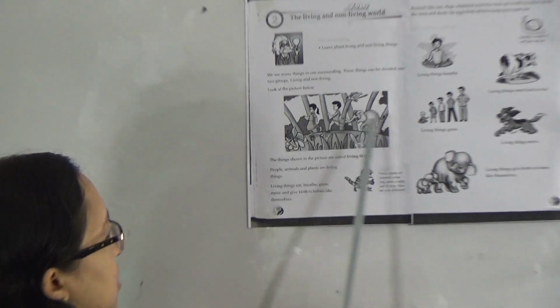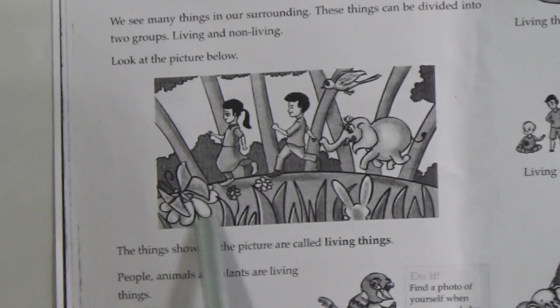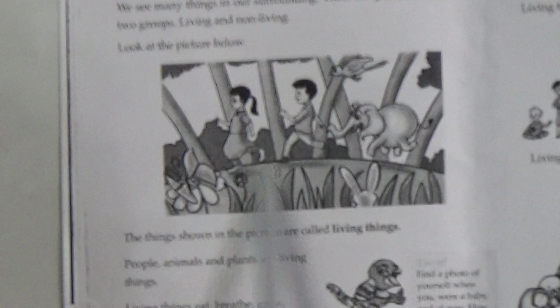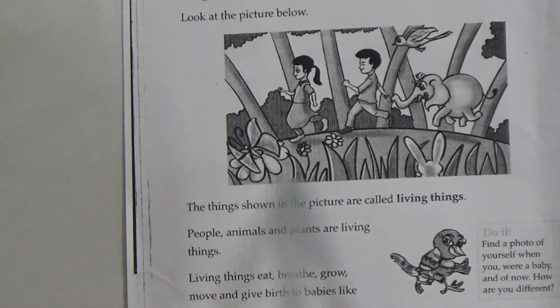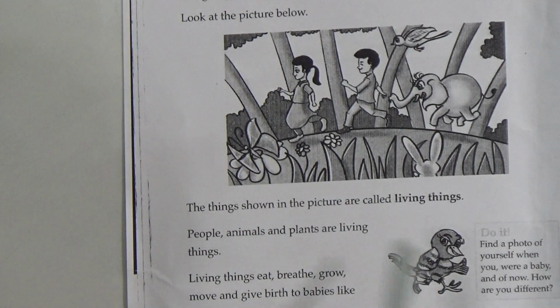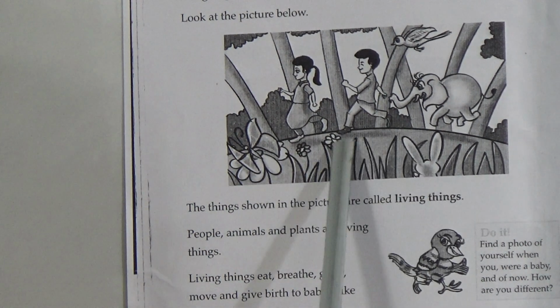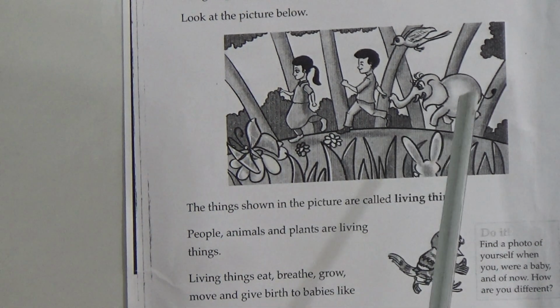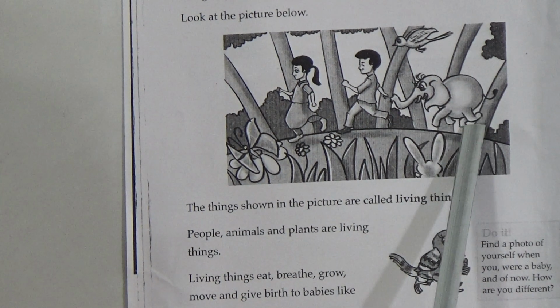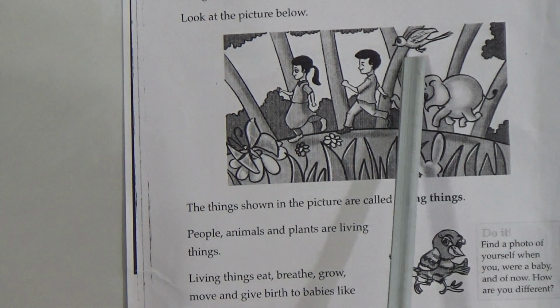Now look at the picture. Here is a picture. You see one boy and girl moving inside a forest or a playground. A little elephant is also running with them. A bird is flying.